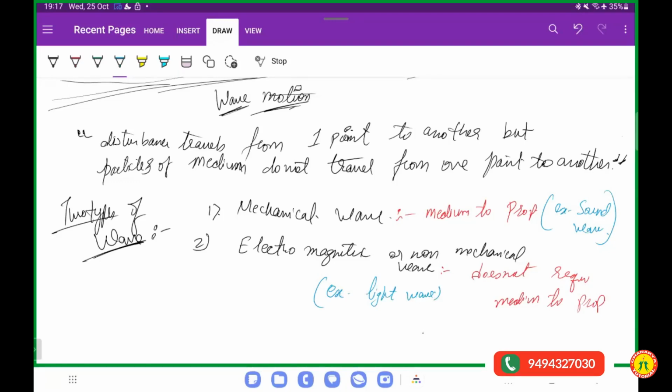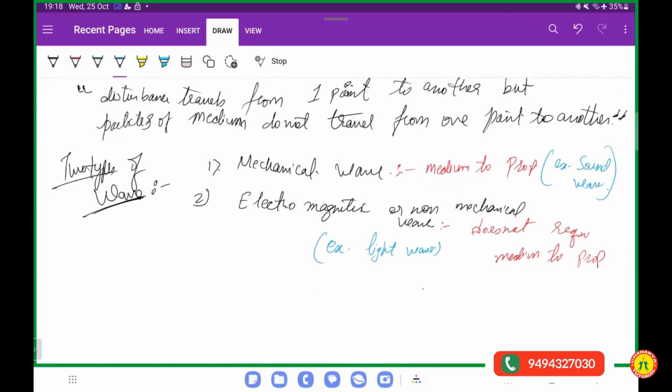All those electromagnetic waves. Light waves means UV rays, X-rays, gamma rays, radio waves. Those waves do not require any medium for travel. But they have their own different properties. That's what we are not going to discuss right now.